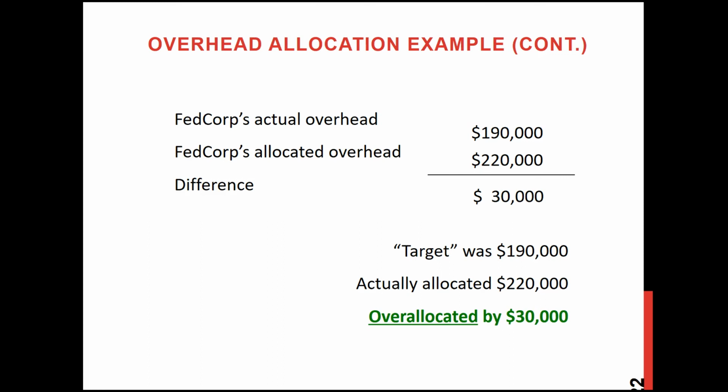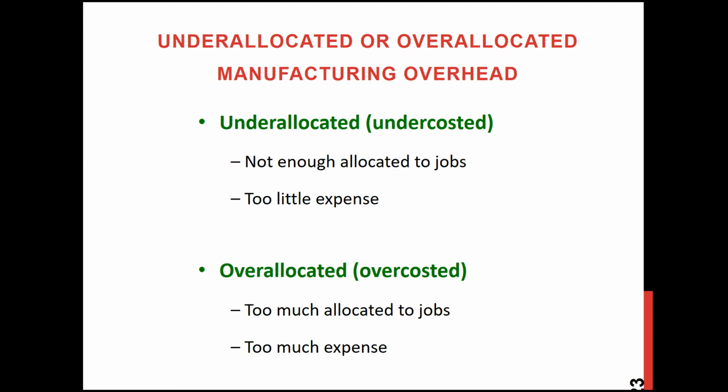You can also underestimate or underallocate your overhead costs. And that's why you really need to check at the end of the year. There could be several reasons why you underallocated or overallocated, so you can go over those slides to know all those reasons.